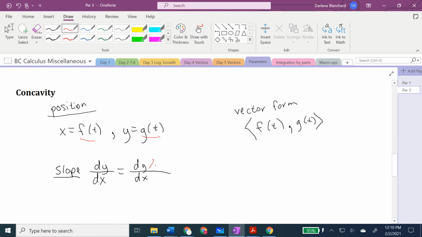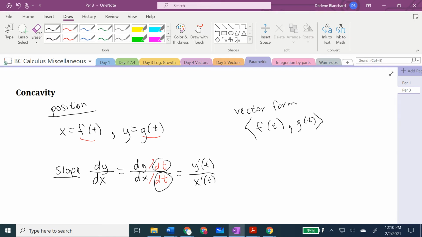That allows you to make this little smooth move. And if you want to find slope, dy over dx, you are just taking the derivative of y and dividing it by the derivative of x. The dt's cancel each other out because you are dealing with a ratio of two derivatives.